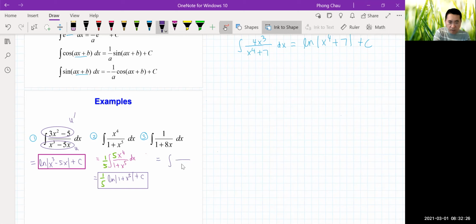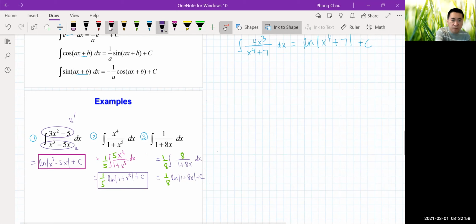If you want the 8 on the top, all I need is to multiply by 8, instead of 1, you times 8. Now you have 1/8 in front, and then the integral fits the formula u prime over u. So that is 1/8 times the natural log of 1 plus 8x plus c.